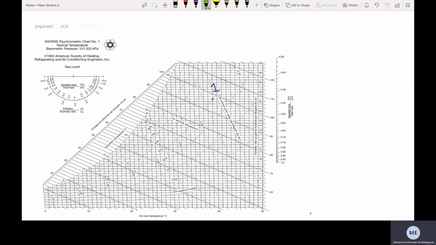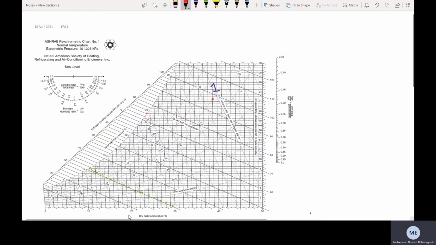The dotted lines are for the wet bulb temperature. So where are the dotted lines for the wet bulb temperature? Okay, these are the dotted. So I'm gonna go parallel somehow. Yeah, I'm managing to do them. Okay, but you got the idea. I have to go parallel to these small fine dotted lines.